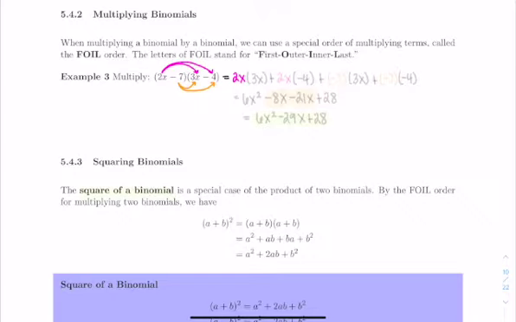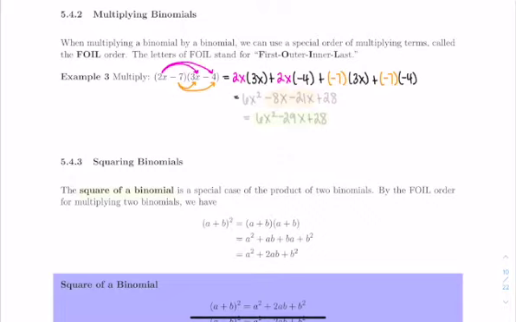So we have 2x times 3x. I've got 2x times -4. I've got -7 times 3x. And I've got -7 times -4.